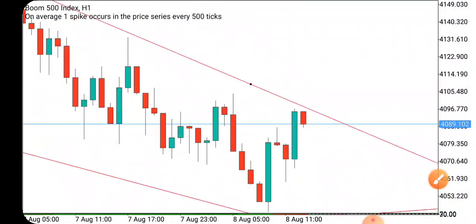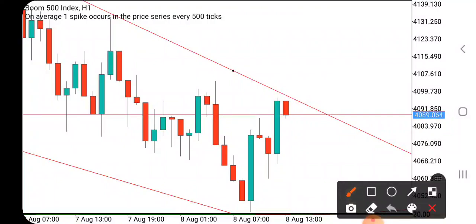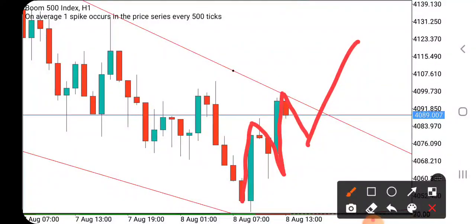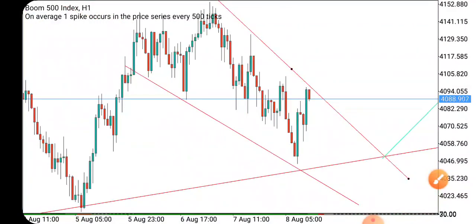If you zoom in, you can see the price has started forming higher highs, and a higher low, another higher high. So we are having a higher low to a higher high. If the price eventually breaks this line, I'm going to be taking the trade. Once you see a candlestick close above this line, I'm going to be buying. I will confirm my buy and enter my trade.